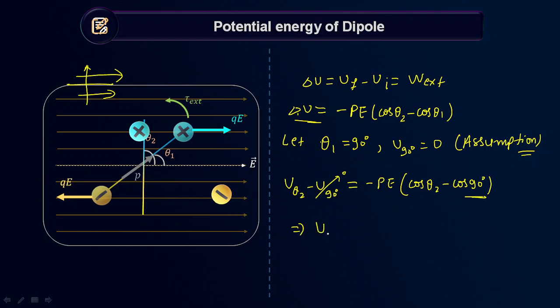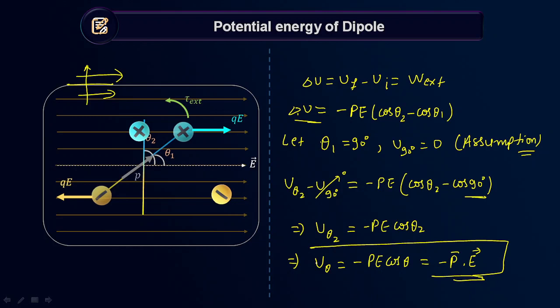So U at theta 2 equals minus PE cos theta 2. If theta 2 is theta, then U at any angle theta equals minus PE cos theta, which is nothing but minus P dot E. So this is our final formula for potential energy. Very simple.